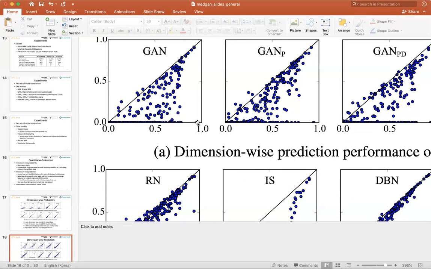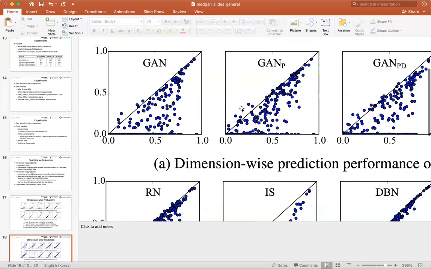Some are like 0.9 F1 score, some are like 0.1 F1 score. But for the classifiers trained on the synthetic ones, for the same feature, same target, they're all showing zero F1 score. Basically, they're failing, obviously.